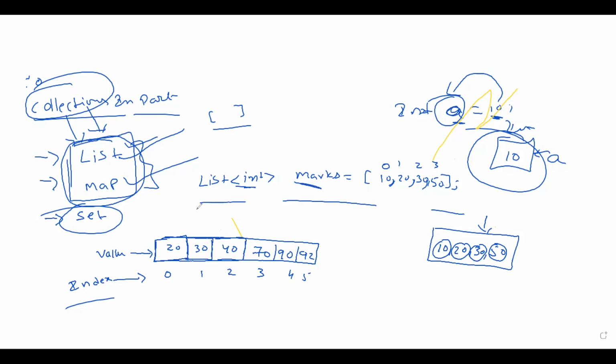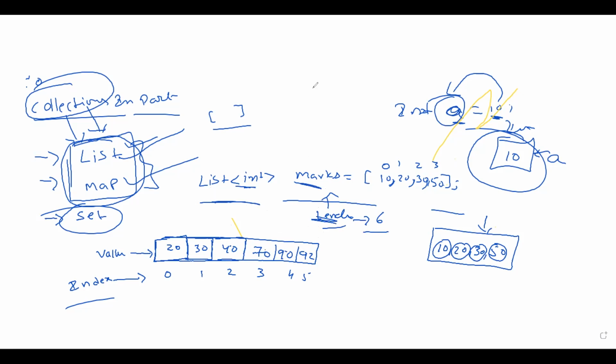In the list, this is 1, 2, 3, 4, 5, 6. So 6 is the length of this list. If you want to get how many values are stored in the array, we can get it based on the length property. Okay, clear?